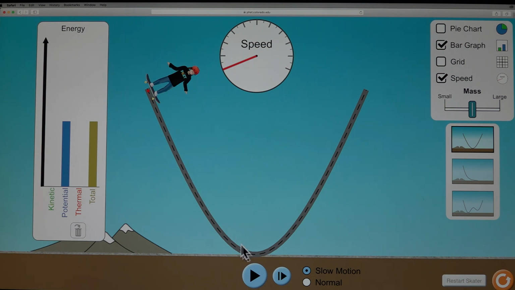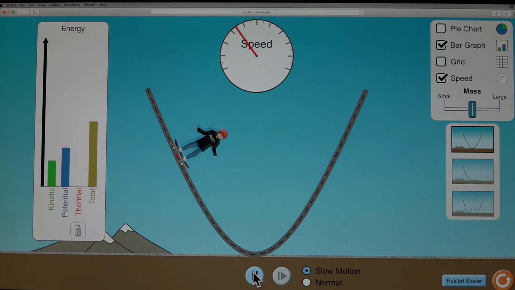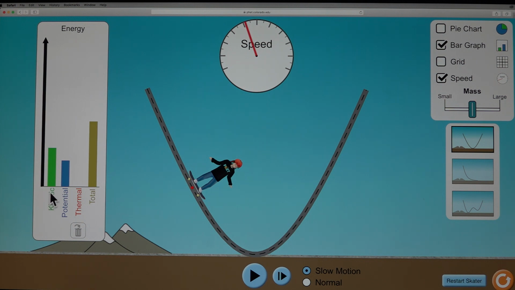Now, if I allow this body to descend, then see what's happening here. Do you notice that the kinetic energy is increasing, whereas the potential energy is dropping down? Potential energy is dropping because the player is coming closer to the ground.